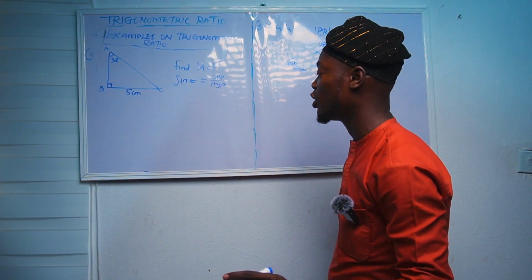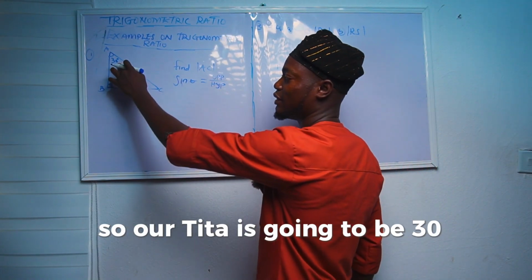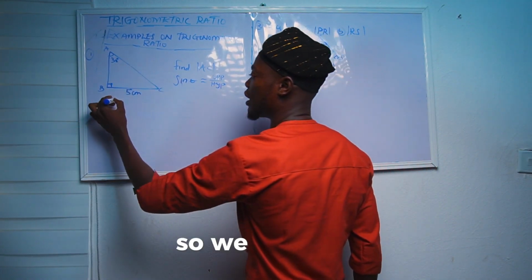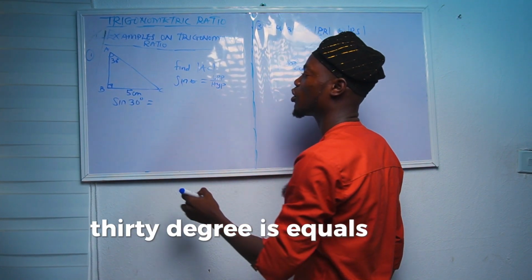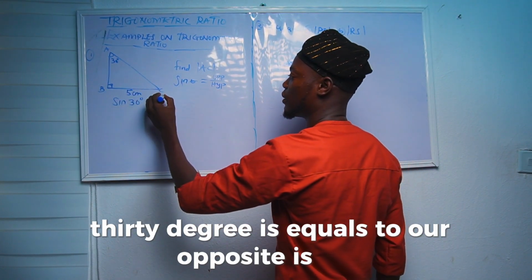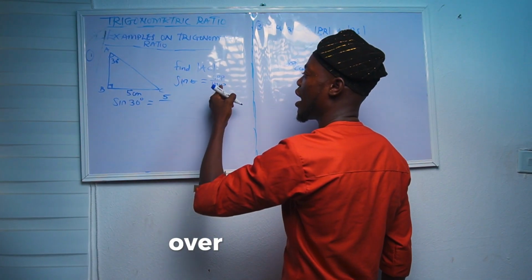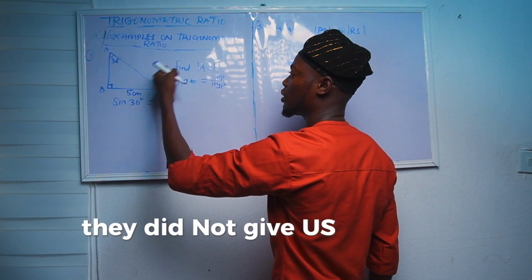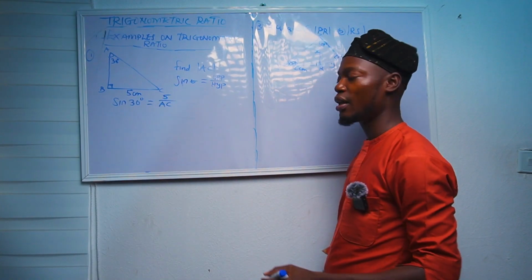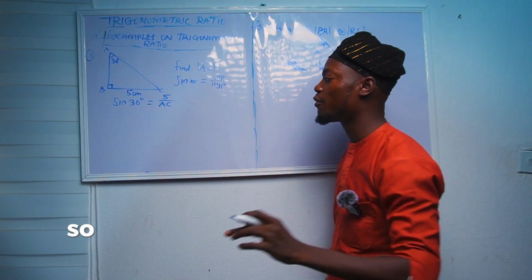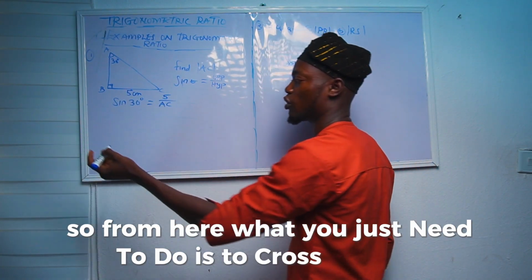Very simple question. So our theta is going to be 30, which is angle A. So we said sine 30 degree is equal to our opposite, 5, over hypotenuse. They did not give us the hypotenuse, they have us find it, which is line AC. Am I communicating? So from here, what you just need to do is to cross multiply.